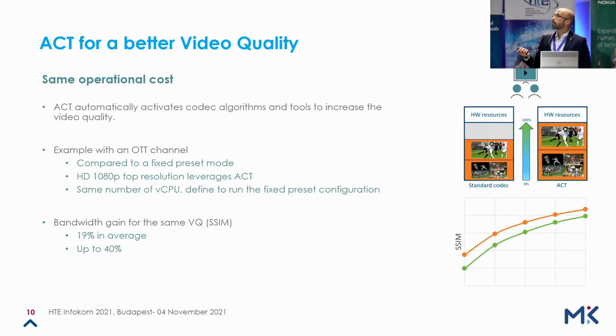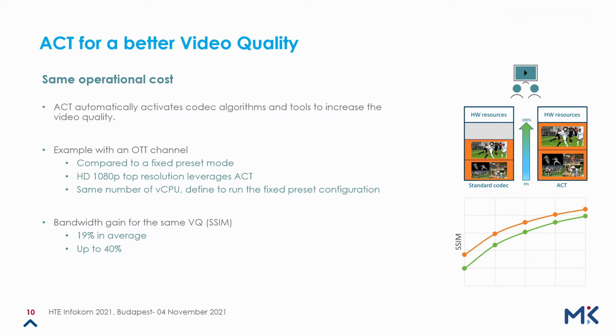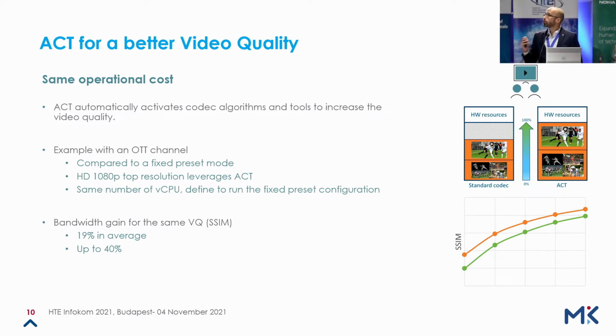So those are some of the results we achieved. By doing this, for a simple example, where we compare a fixed preset mode for a given hardware platform, we've seen that, for example, we could fit 2 channels, while 3 channels at this preset wouldn't guarantee real time.